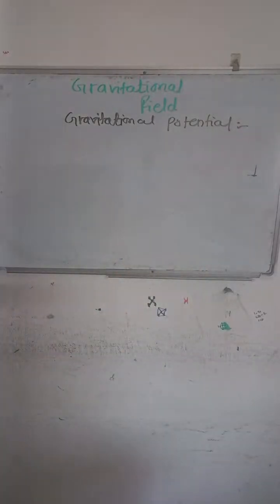So what do you mean by gravitational potential? Gravitational potential at any point in the gravitational field of the earth is defined as the amount of work done in bringing a body of unit mass from infinity to that point.